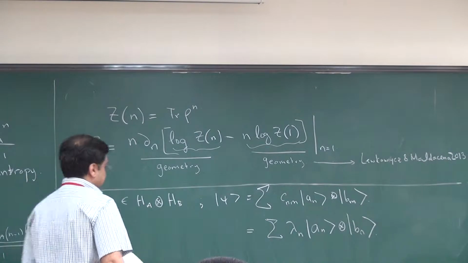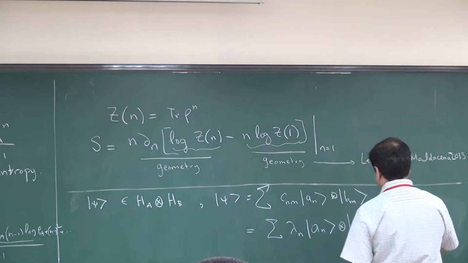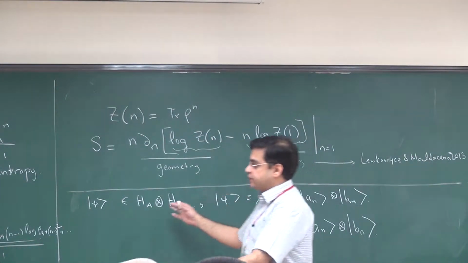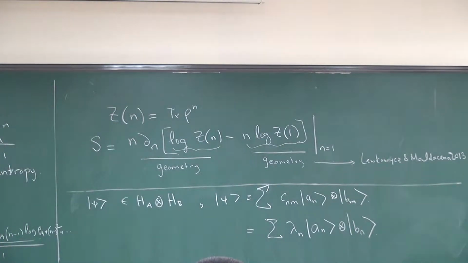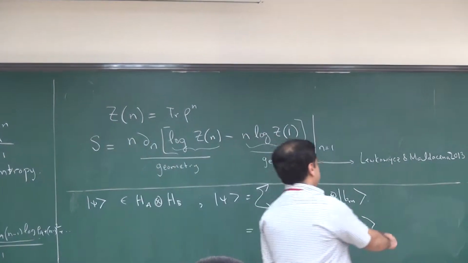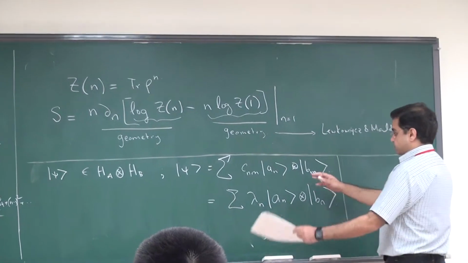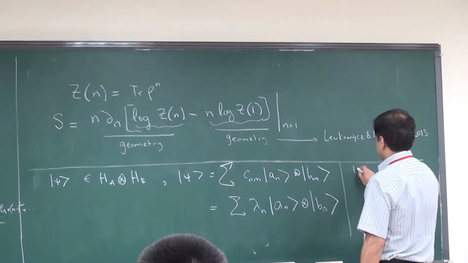So this plays a very important role in bipartite entanglement. Bipartite means that you have two regions or two subsystems, and I should point out that this Schmidt decomposition does not extend to tripartite systems.